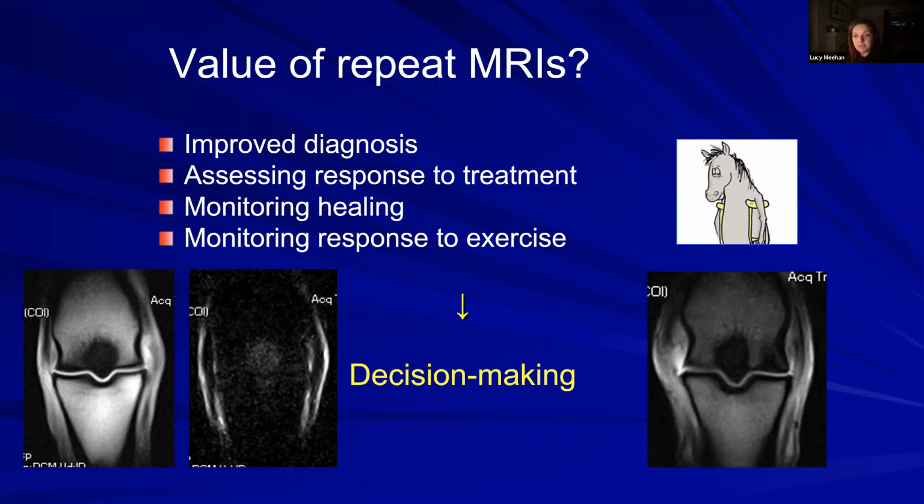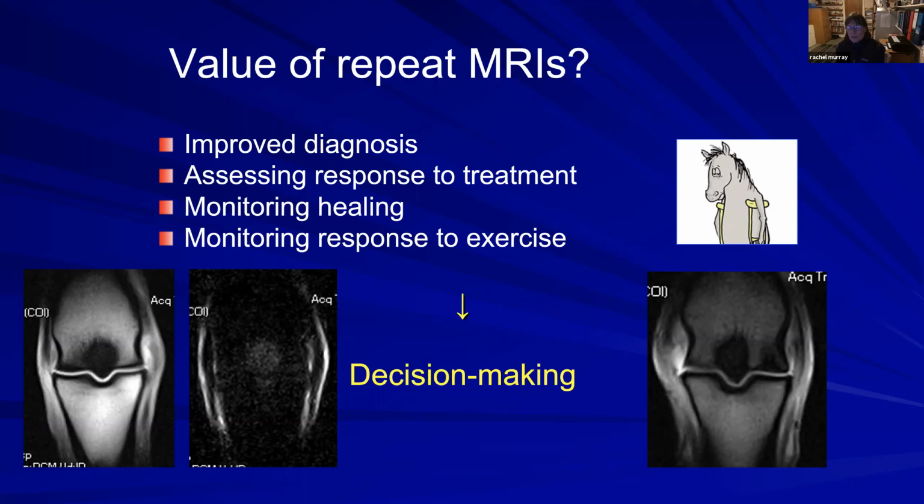Yeah. What would you say your sort of percentage uptake of repeat MRIs is with your clients and in the population? I don't know the answer to that, really. I think it does depend on the clients. For the high level competition horses, it would be very high.